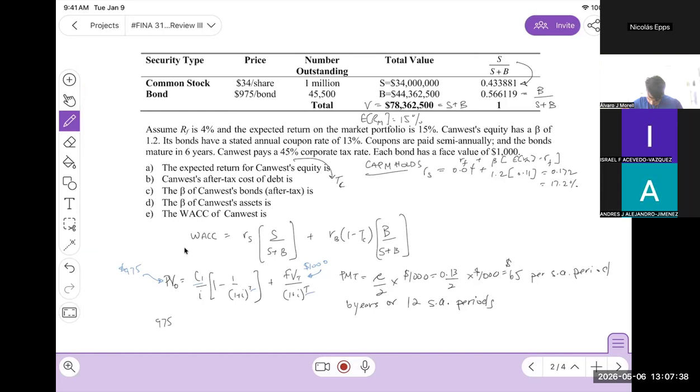So 975 equals 65 over I times 1 minus 1 over 1 plus I to the 12, because I don't know what I is, I'm trying to find it, plus 1,000 over 1 plus I to the 12. You have to write this out to get the points. And then find I.